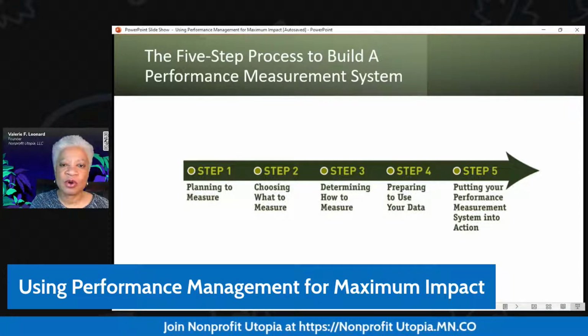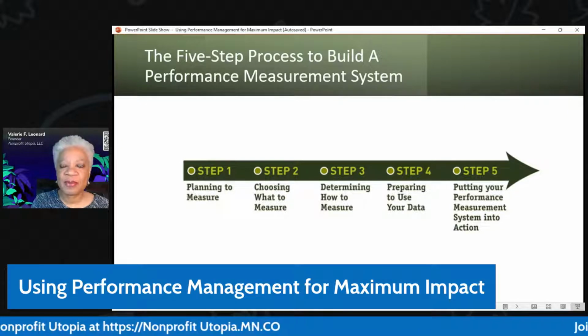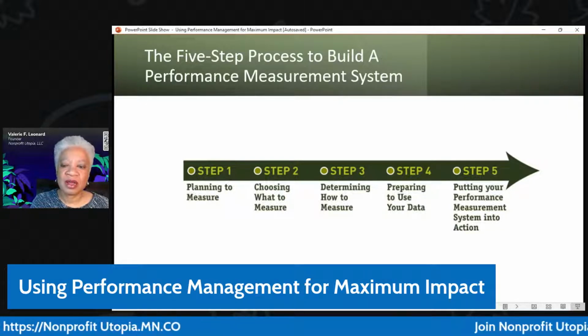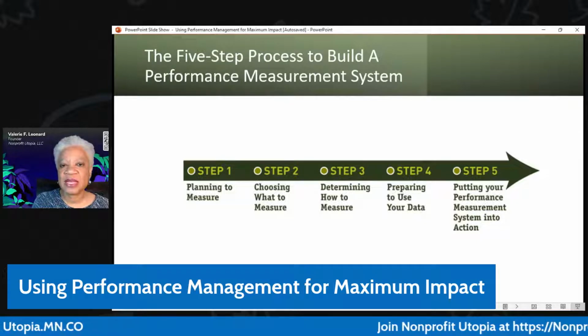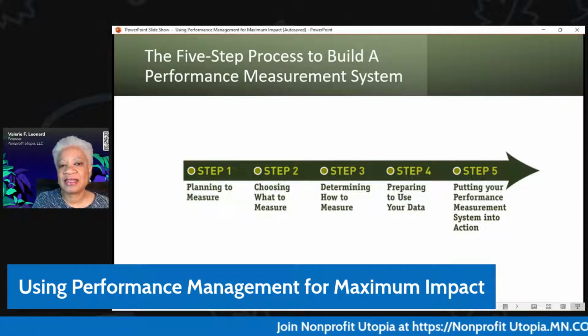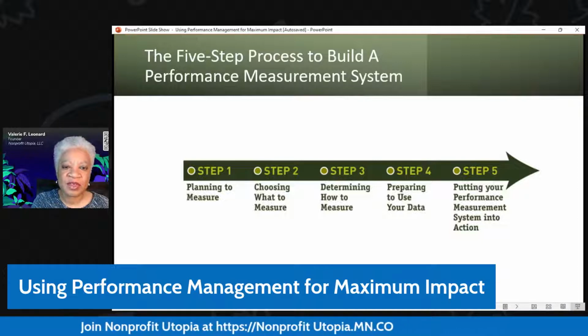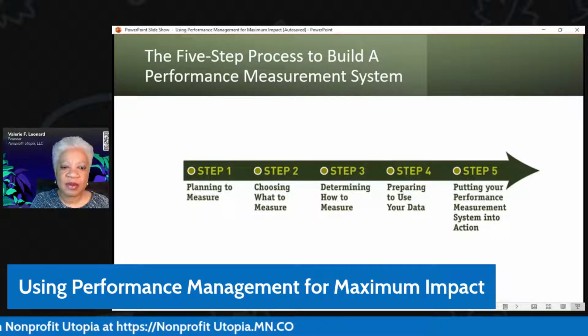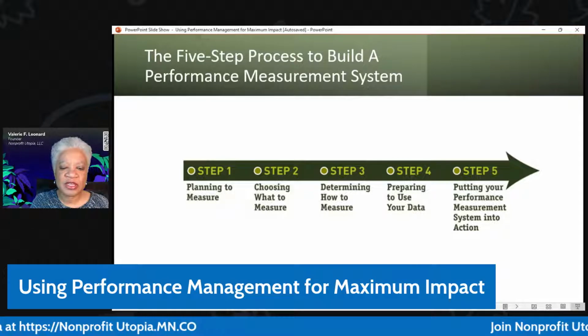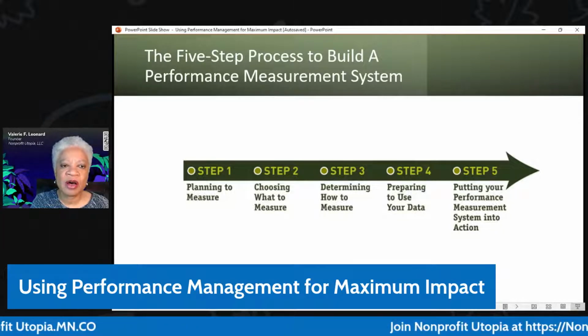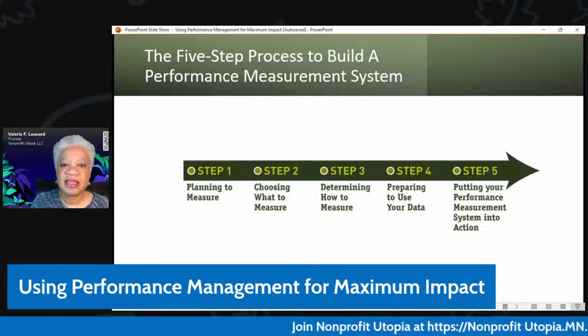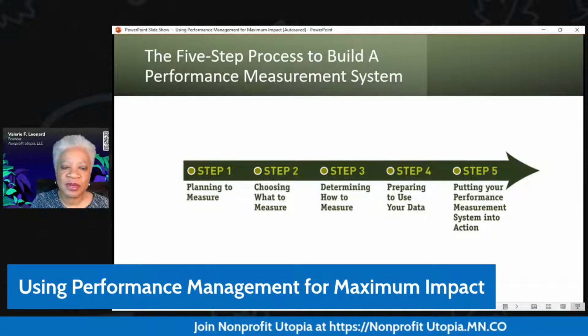And you can develop your own system of performance management that will be consistent with, and you could be using that in tandem with, your evaluation processes. All right. Again, that workbook, Building a Performance Measurement System by Root Cause, is in the Nonprofit Utopia community.